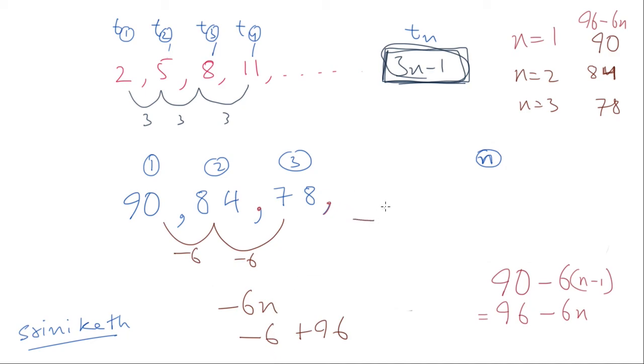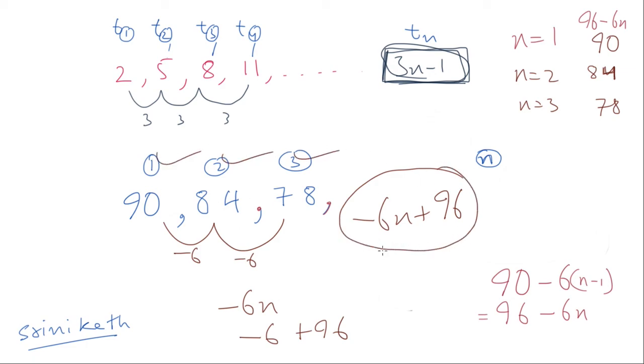So when I do a minus 6n plus 96, I've just adjusted for the first term. It will get all right for all of them. Easy peasy. Okay, in 11th they struggle with this. To be fair, they don't struggle actually, but still, okay. Get the point? Is it clear?